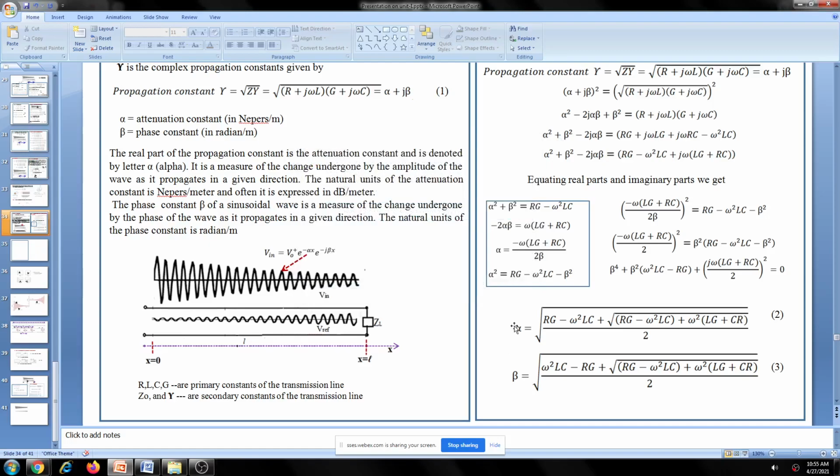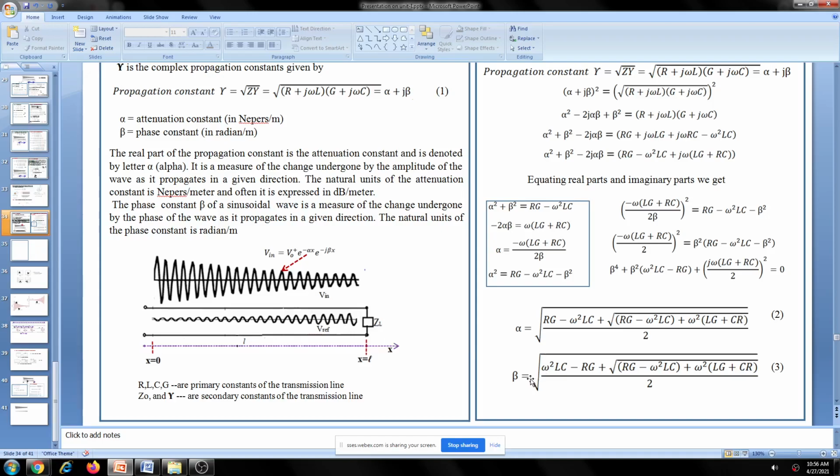So that's why you will see the problem, because alpha is a function of frequency. What are all the problems that occur over a transmission line? And also because of beta, a function of frequency, what problems take place on a transmission line, we will see in the next class.